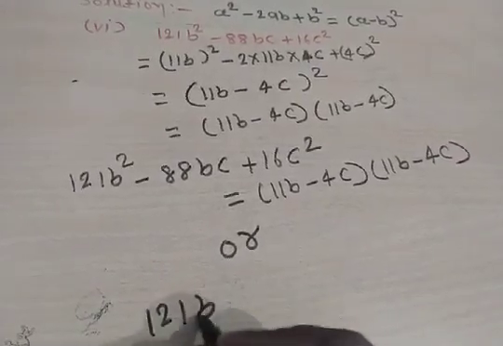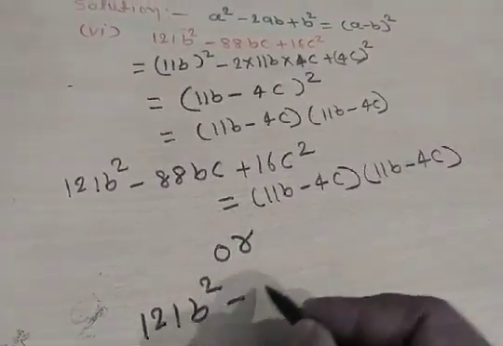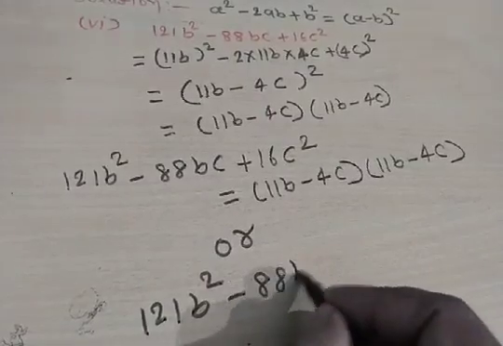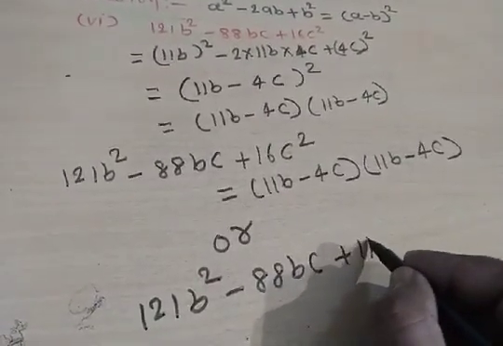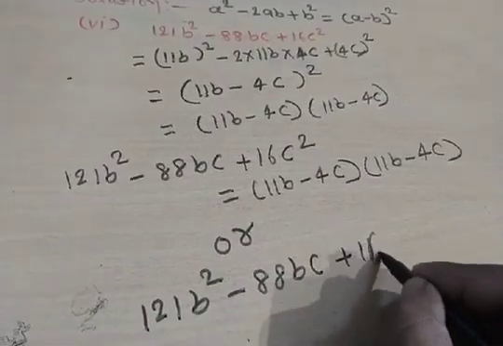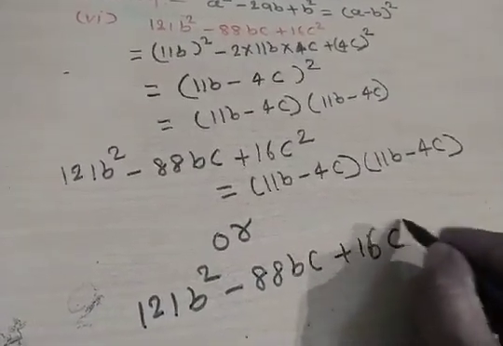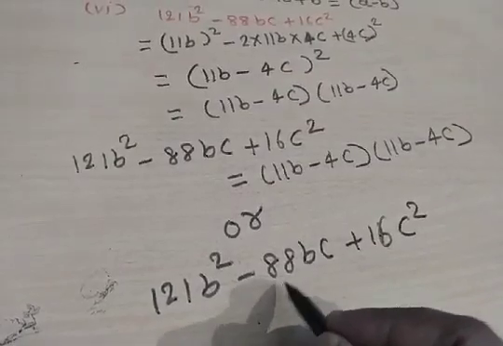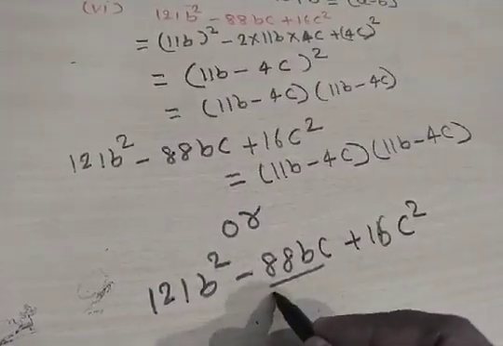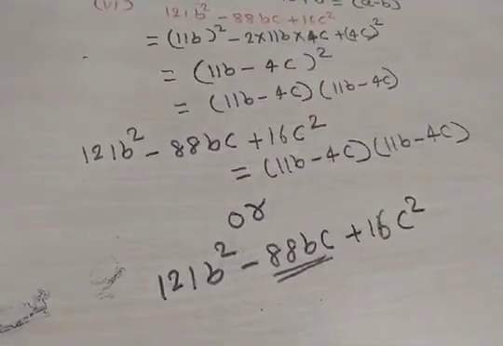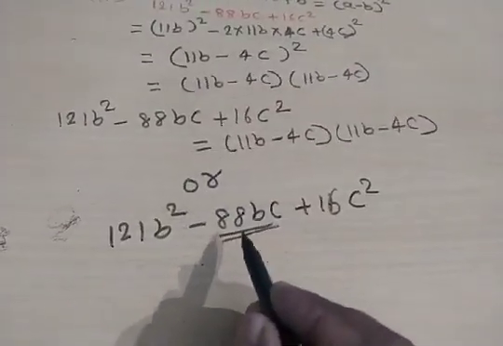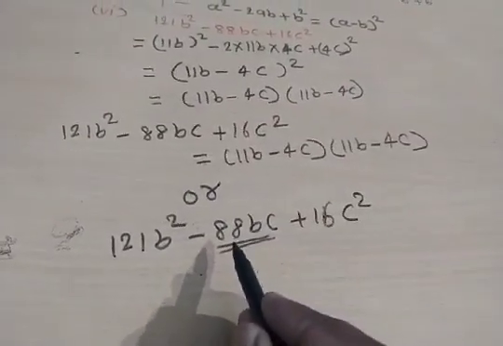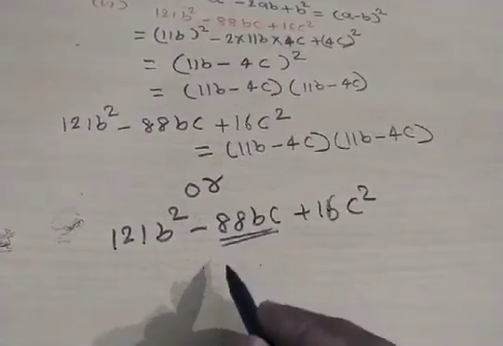121 b square minus 88 bc plus 16 c square. Okay, this is middle terms. We break these terms 88 bc into equal part.